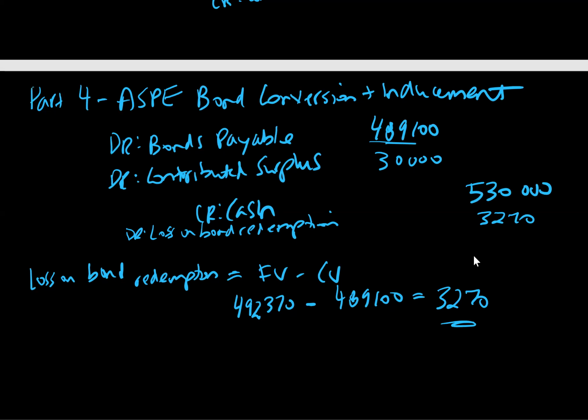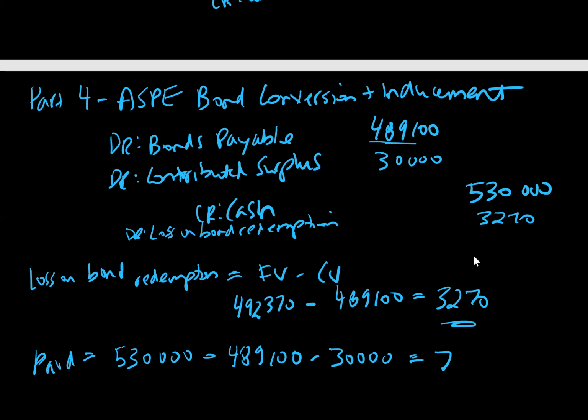And the amount that we actually paid: we received 530,000 and we took out a carrying value of 489,100 and we took out contributed surplus of 30,000. That is going to leave us with $7,630, and this is going to go through retained earnings.